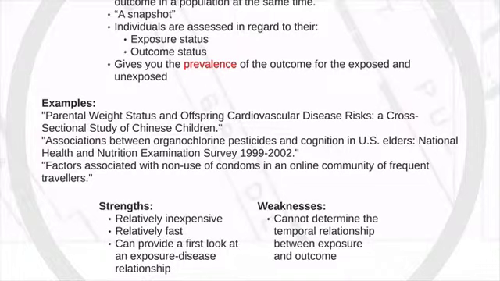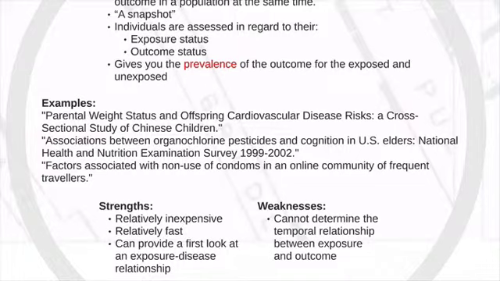It's all at one point in time. It's not looking to see how children of overweight parents, their health status changes over time. It's just saying at one point in time, do overweight parents versus non-overweight parents have children with differing cardiovascular risk profiles?